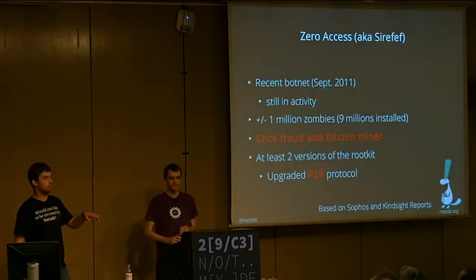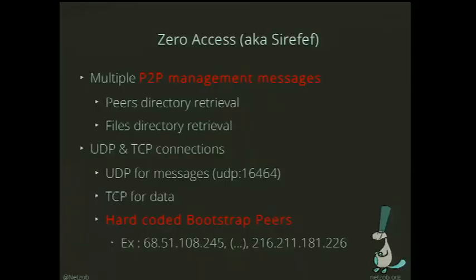We've looked at the two versions of the rootkit binary, and for this presentation, we will focus on the latest version of the botnet. You have a peer-to-peer management system in this botnet. It allows sharing the peer directory or sharing files, and it uses UDP and TCP to connect between each zombie.